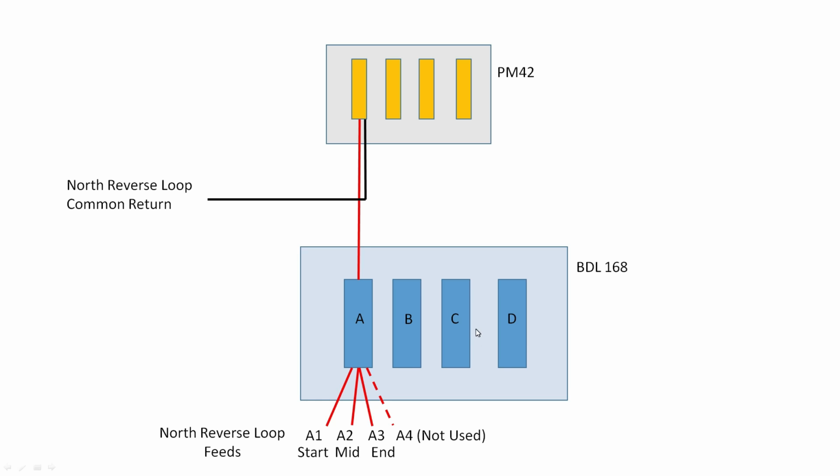Each zone can monitor 4 track sections, and 3 of these are used for each loop to provide power to the entry, braking and stop sections of the reverse loop block. This is the arrangement for the north reverse loop. Because this power circuit from the PM42 is specifically for the north reverse loop, the fourth BDL section is not used.